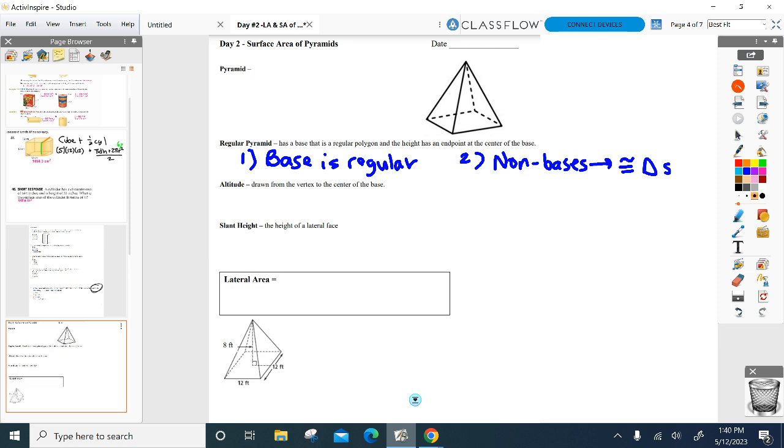Okay, so now what about slant height? Slant height. And I'm going to keep it going too. I'm going to take off the base, and you guys told me what's left. Every triangle has a height, correct? That's what the slant height is.